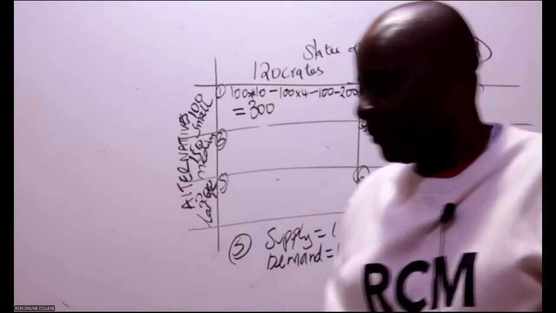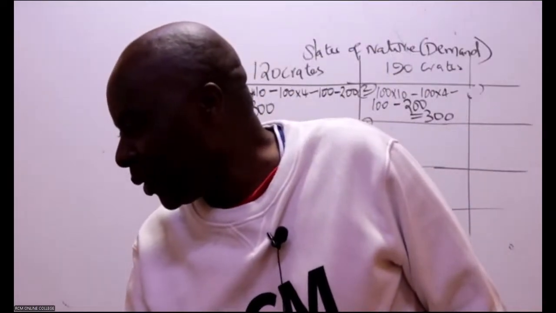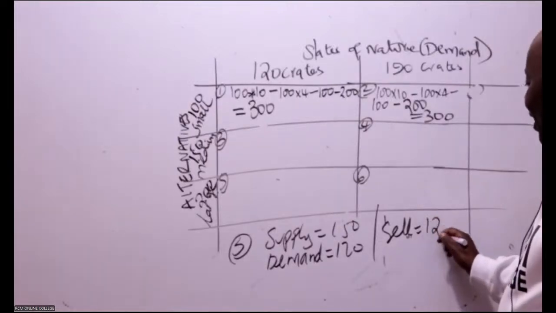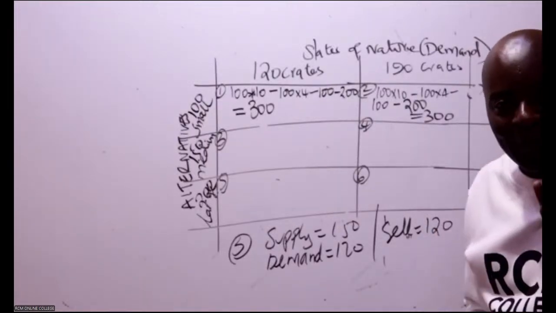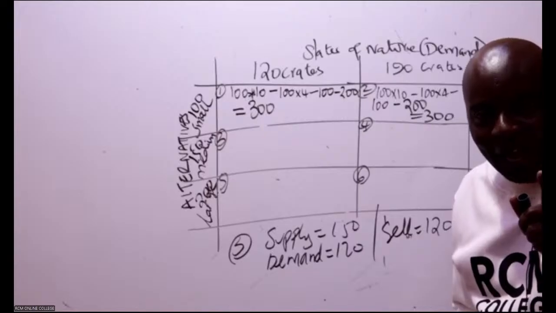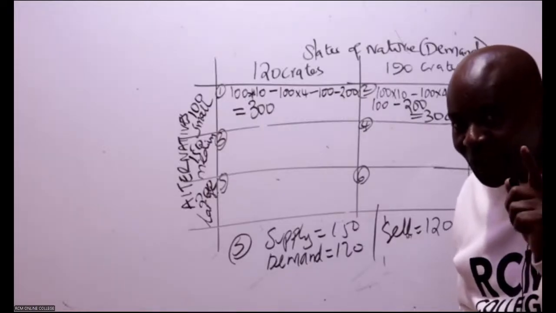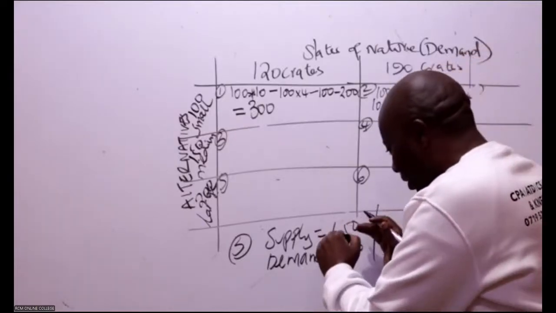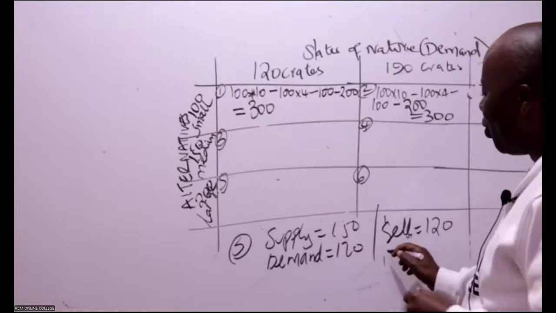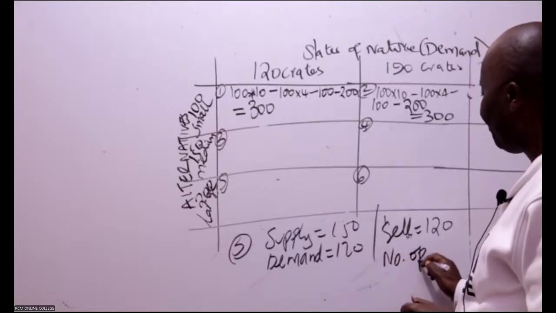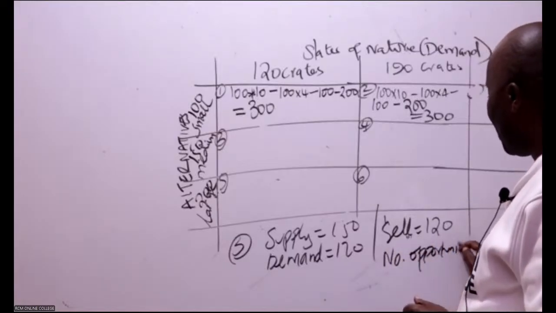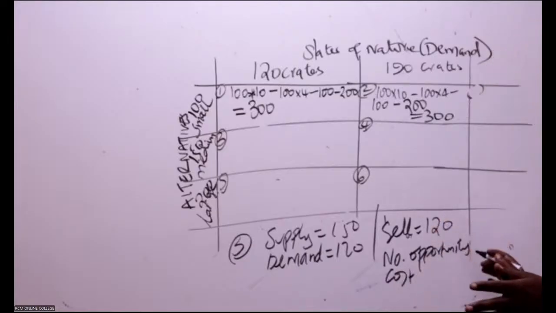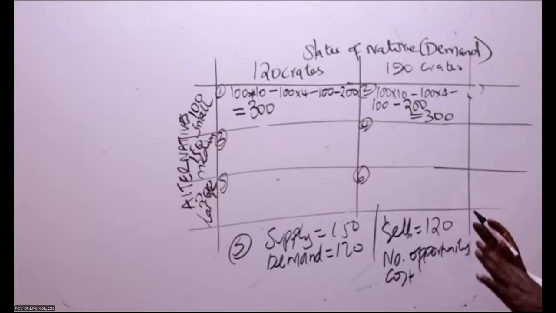Please participate. How many do I sell? The lower. I sell the lower, isn't it? Now, am I going to disappoint any customer? No, because you can see what I've supplied is higher than the demand. So no opportunity cost for customers. You can even write there, we are not disappointing any customer.